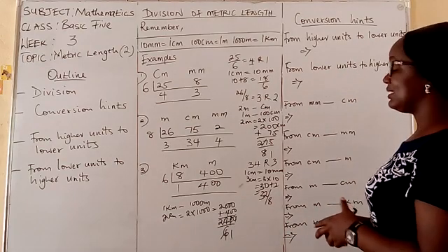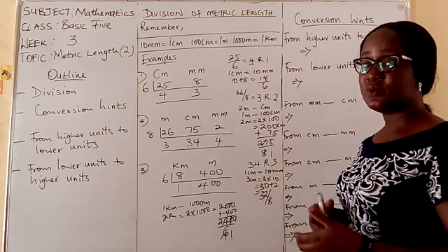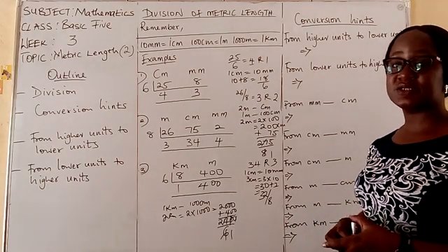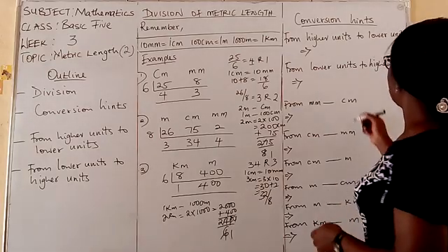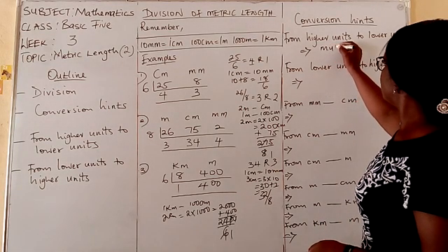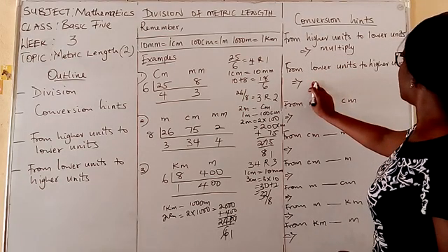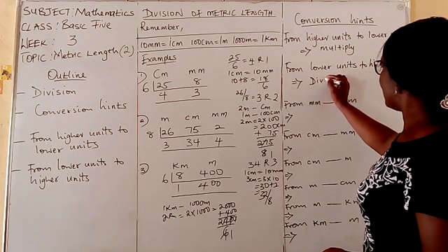Now, remember in our previous lessons, when we were converting from higher units to lower units, what did we do? We said you multiply. Now, from lower to higher, you divide.